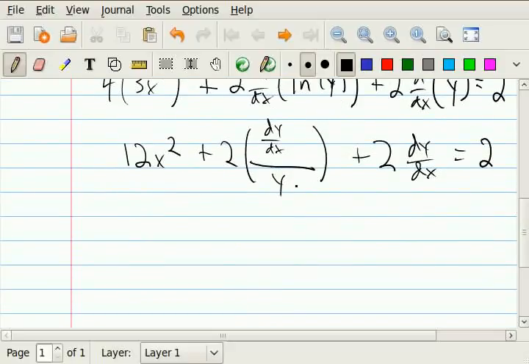From here on out, the process is pretty much the same as any other implicit derivative. We want to solve for that symbol dy/dx. Maybe I'll rewrite it one more time, just to get things in order here.